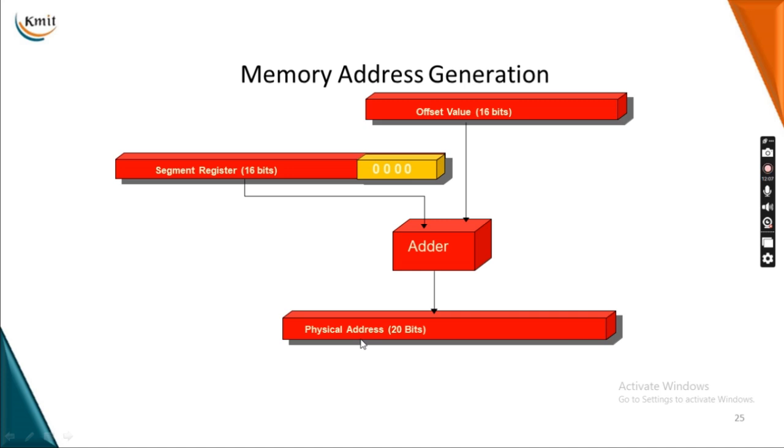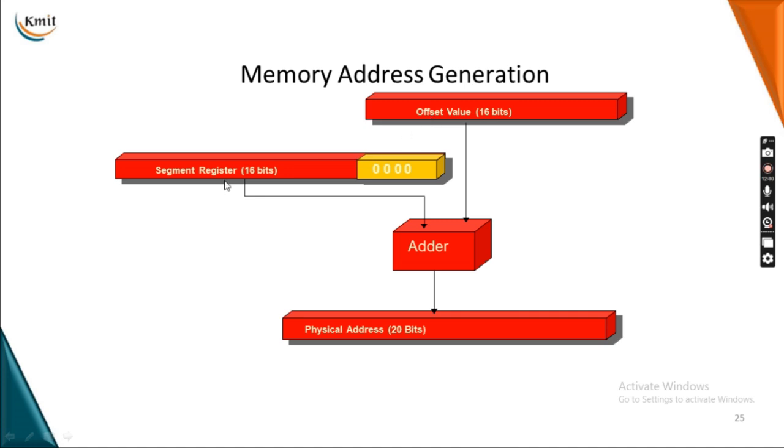Once again, how to calculate the physical address? Whatever the segment address, it might be a code segment, a data segment, an extra segment, or a stack segment, that starting address times 10 in hexadecimal plus the offset value. The offset value says at which address within the segment the data is.